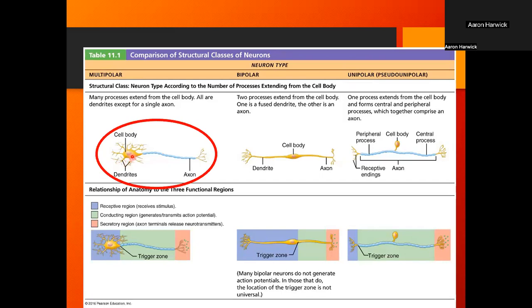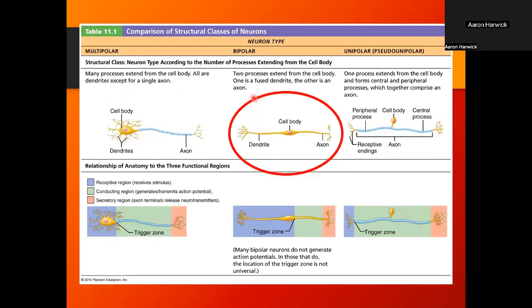So basically, it's how many projections there are off of this cell body. With this multipolar, there are many different dendrite portions as well as an axon portion. With the bipolar, see the cell body, and then basically two branches. One branch here, one branch here. So that's a bipolar configuration.